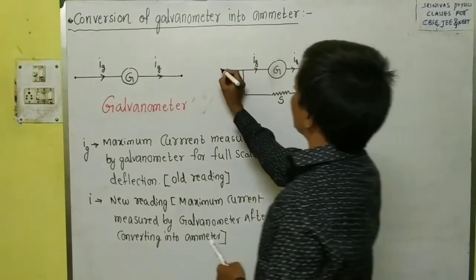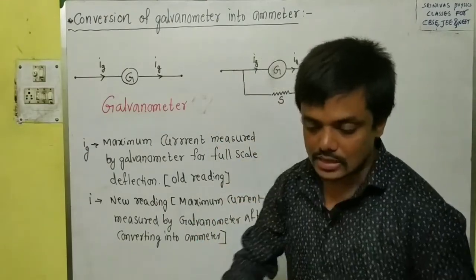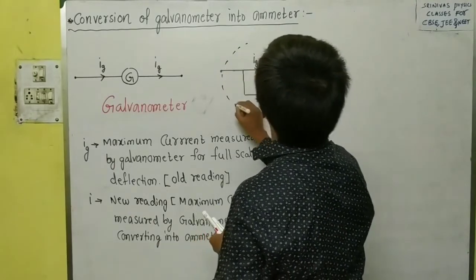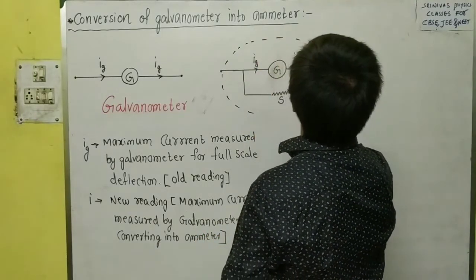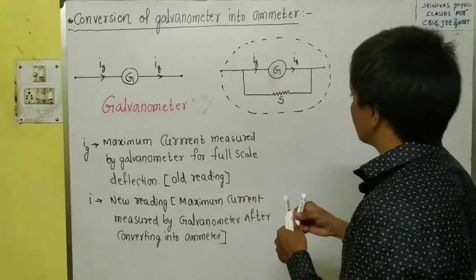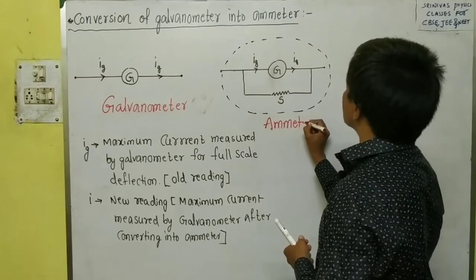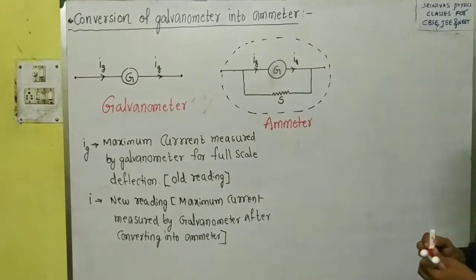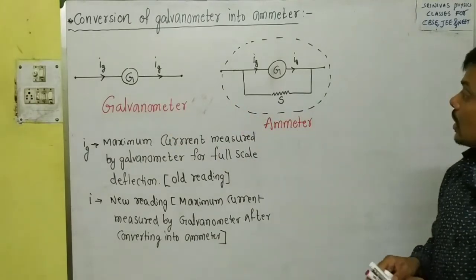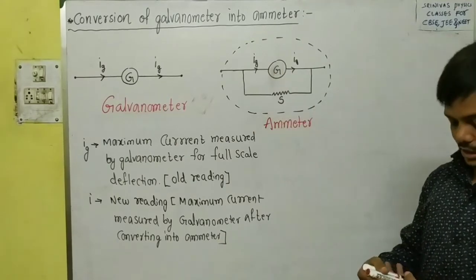Then this is called an ammeter. Now it is said to be an ammeter. It is very simple to convert the galvanometer into an ammeter. In order to convert the galvanometer into an ammeter, we have to connect a small resistance in parallel to the galvanometer.